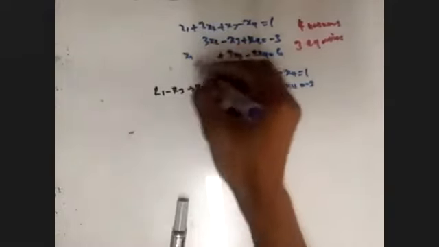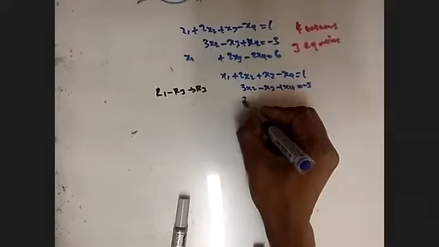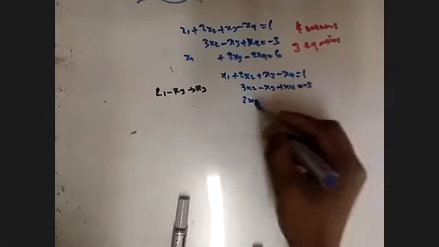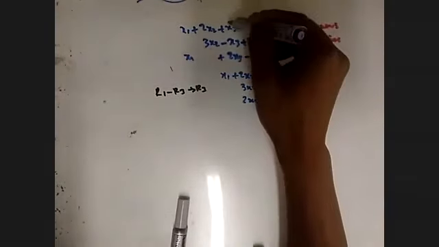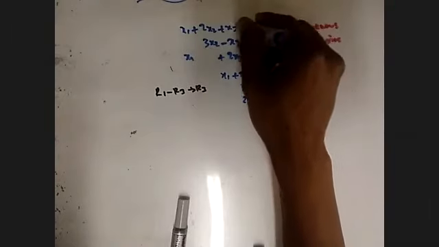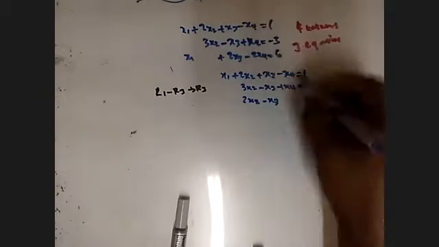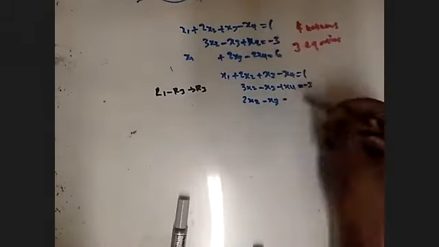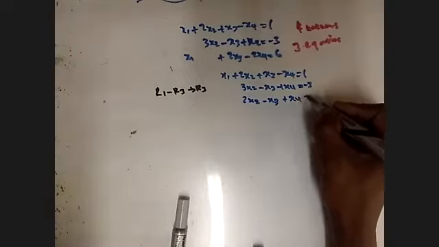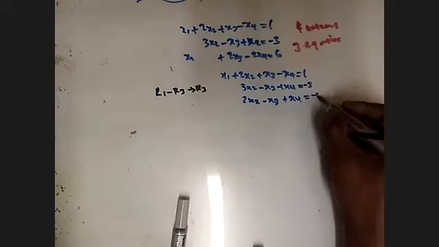That becomes 0, 2x2 minus x3 plus x4 equals 1 minus 6, which is minus 4.